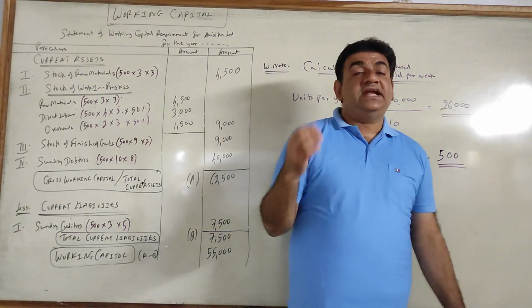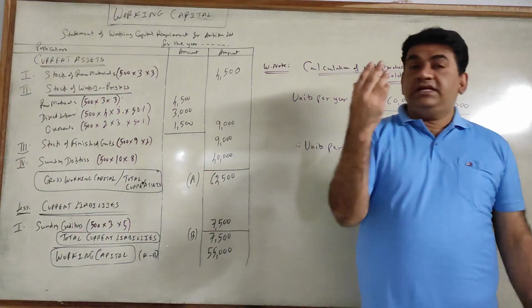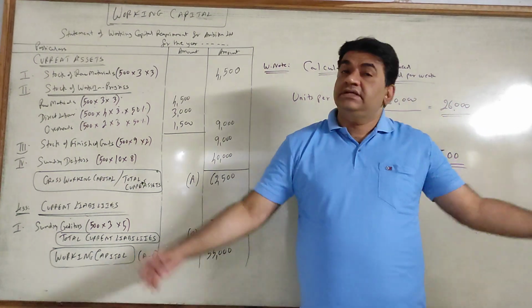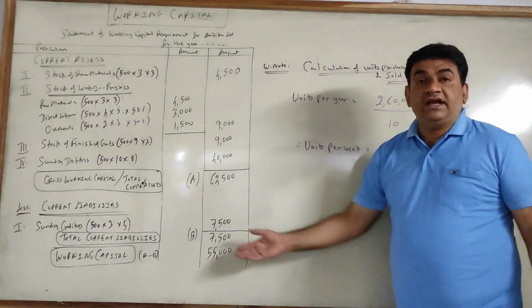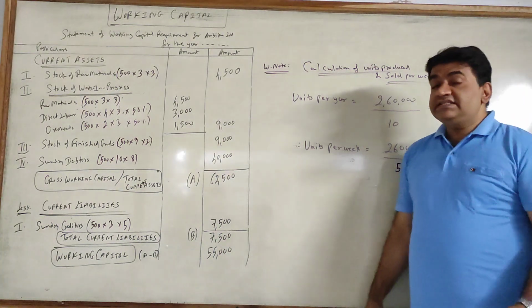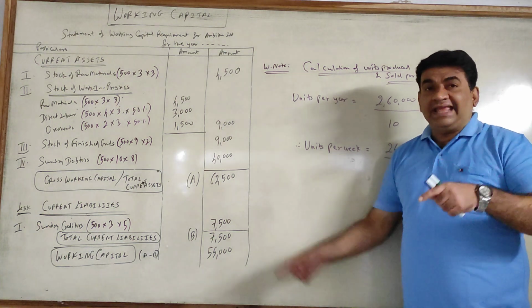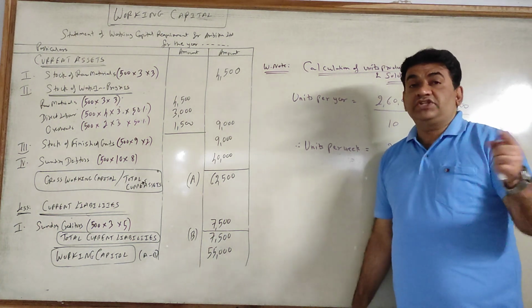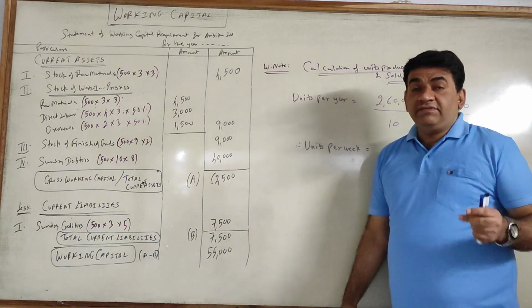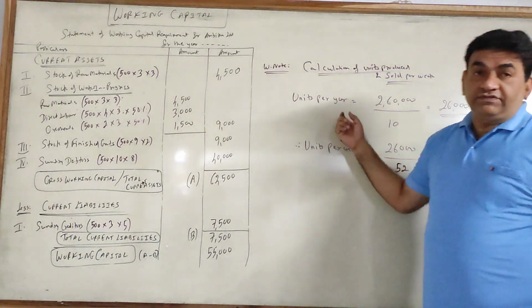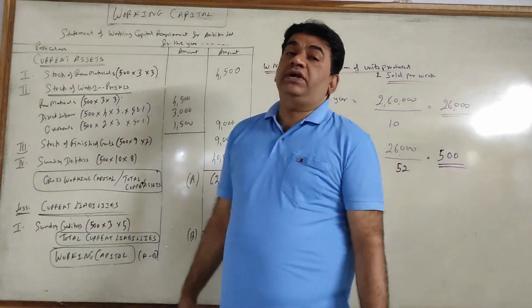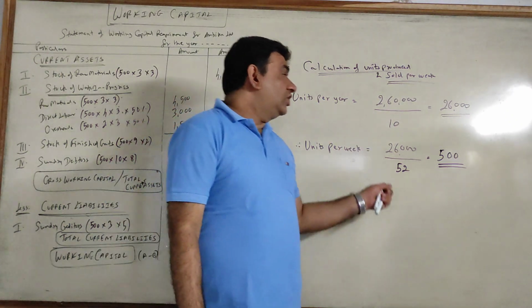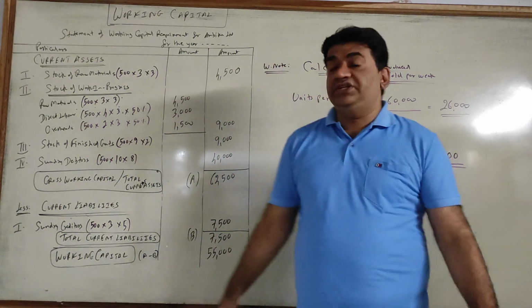So this was the first session of working capital. I made you understand the meaning of working capital. The equation, you all know, is current assets minus current liabilities, and this is how we did the sum. Wherever there is a breakup of cost, like material, labor, overheads per unit, and selling price per unit, the first thing you need to do is find out the number of units produced and sold per week, and then this calculation.